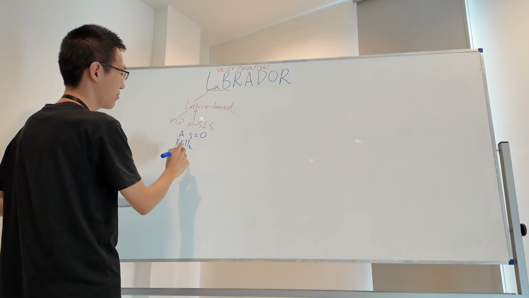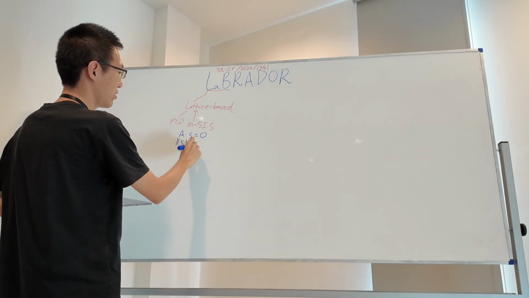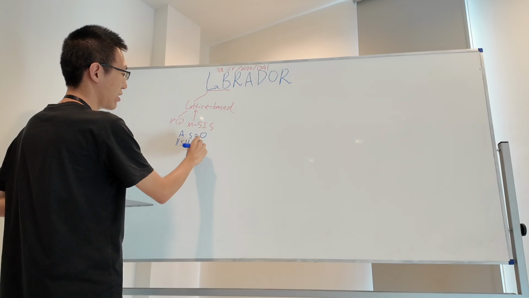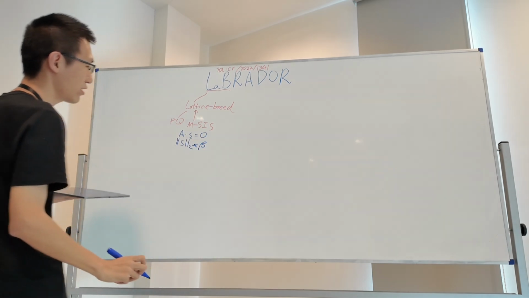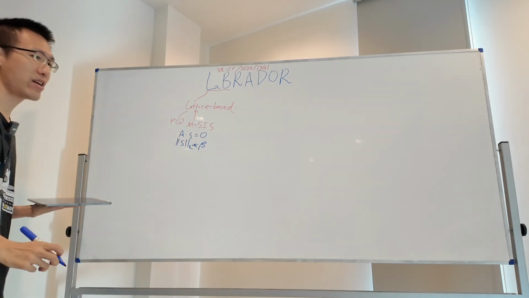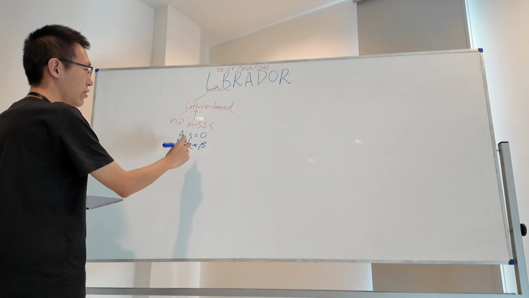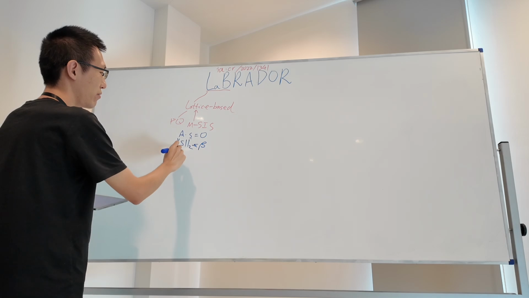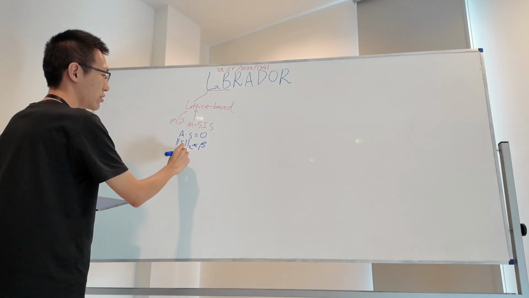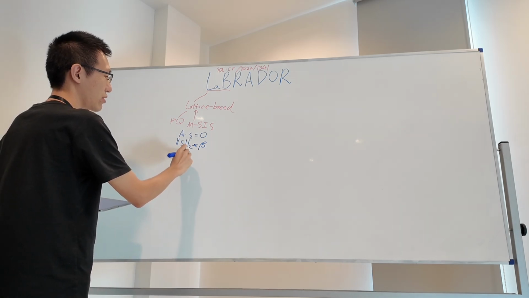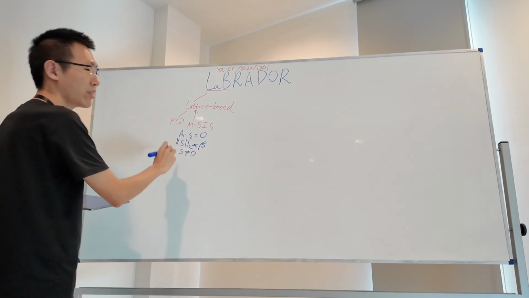Like the L2 norm is smaller than some constant beta, which means this S vector is short, right? So we will exclude the trivial solution, which is S equal to 0 itself.